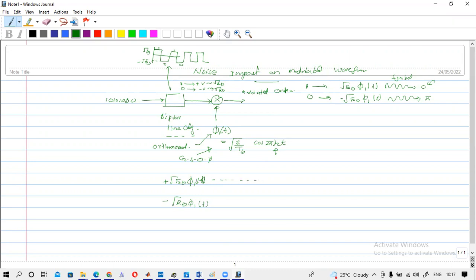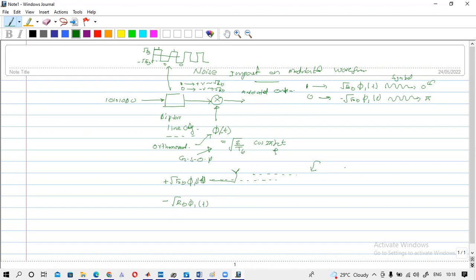You can directly feed this signal to the antenna, and the antenna will transmit this signal in free space. When you are transmitting this signal in free space, some noise will be added to this signal.